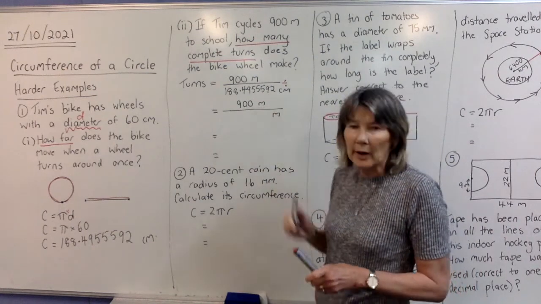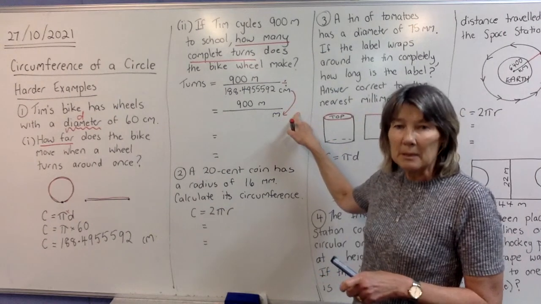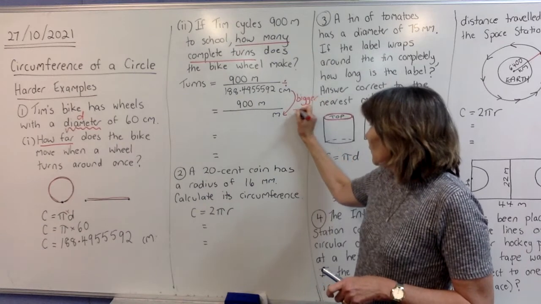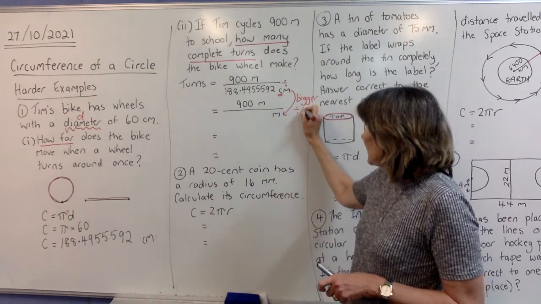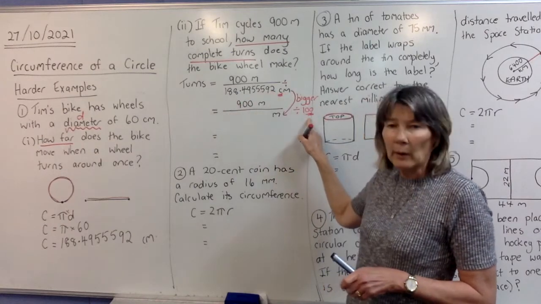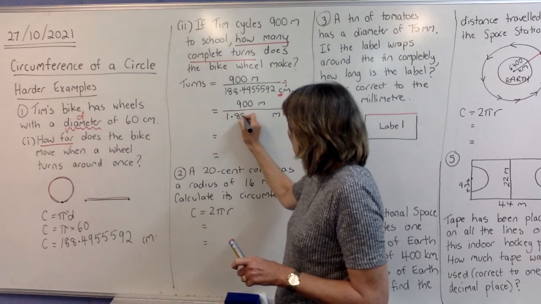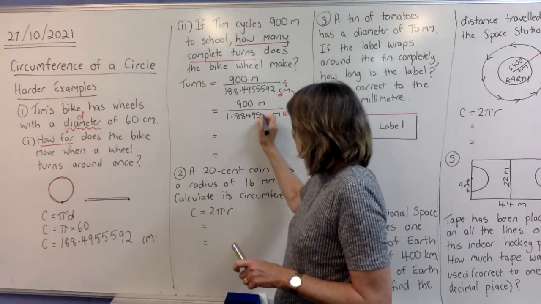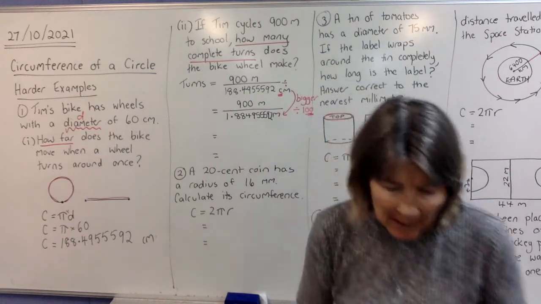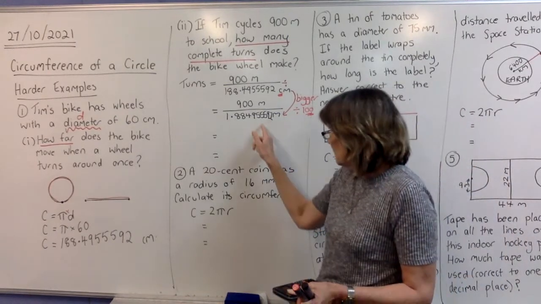So I'm going to leave the 900 metres, but I'm going to convert the centimetres into metres. Because I'm going to a bigger unit, I'm dividing by 100 for centi. So if I just do this number divided by 100 on the calculator, I'm going to get this answer. Okay, so now I'm going to press that into my calculator. You can put this in as a fraction, just like that.